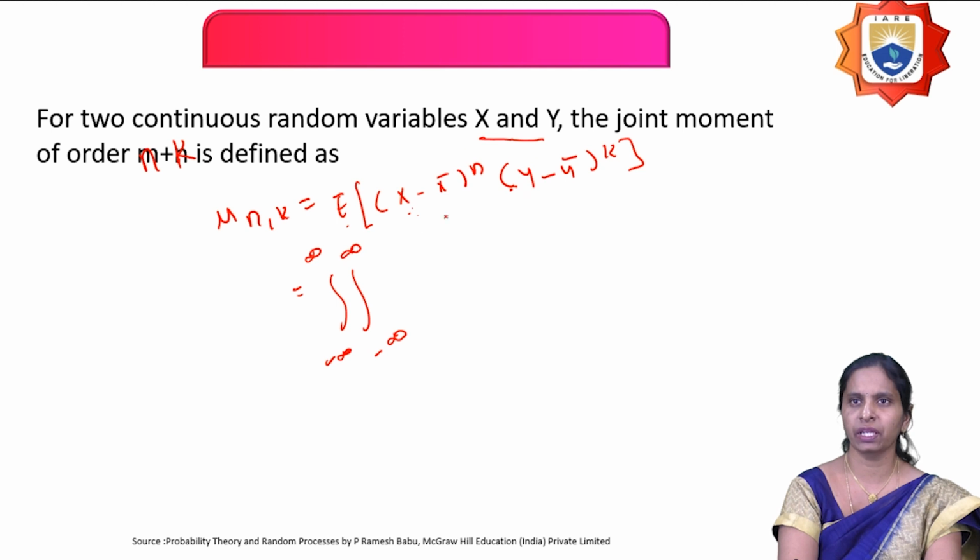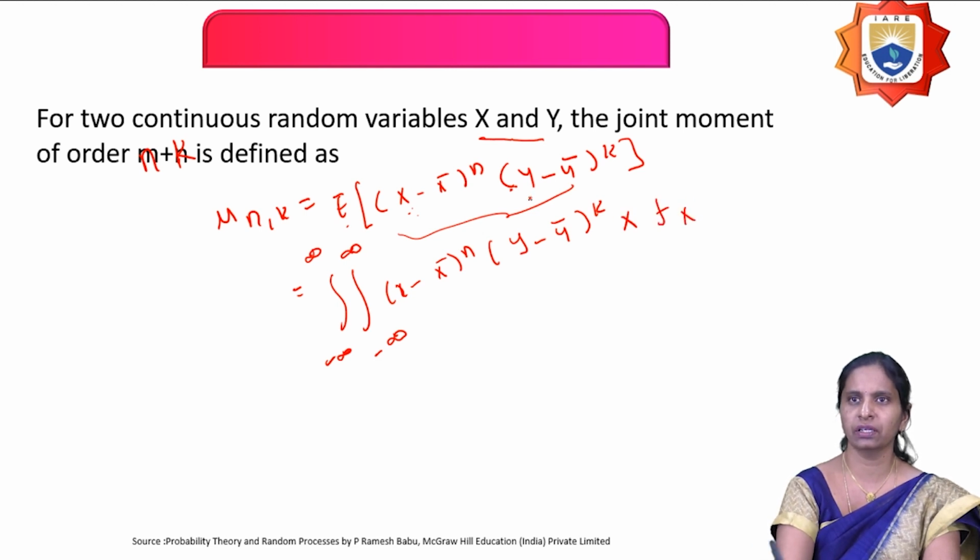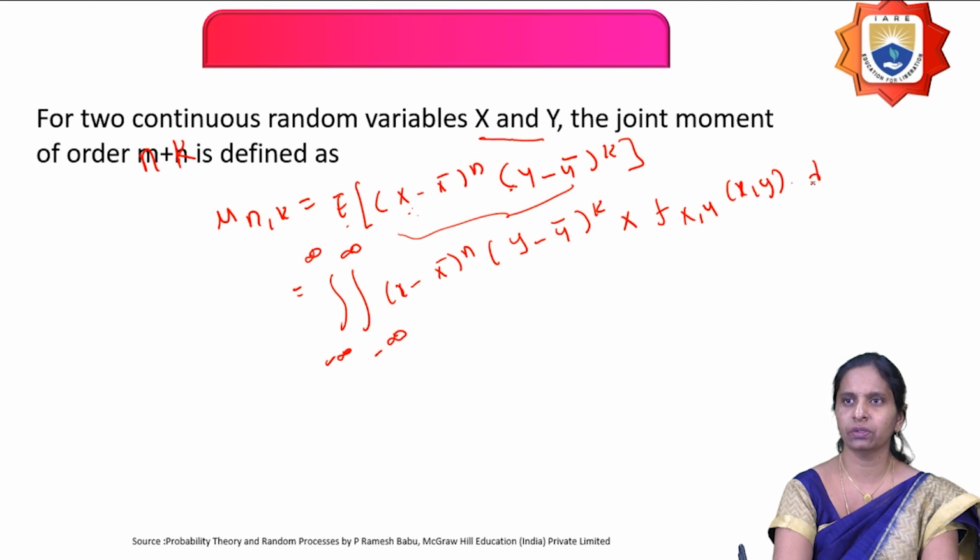The expectation of any function is that function written inside the integral. What is the function here? x minus x bar power n into y minus y bar power k, into the joint density function of these two random variables, which is fxy of x comma y, into dx into dy.